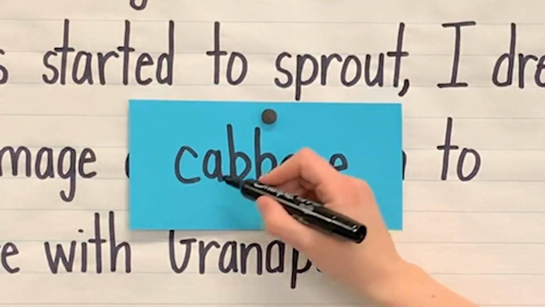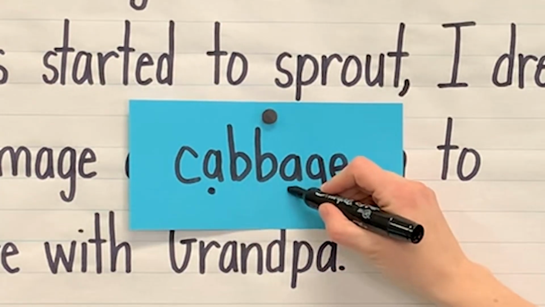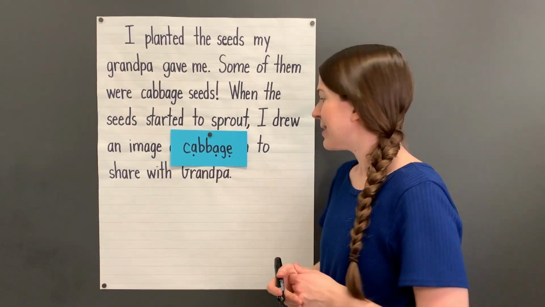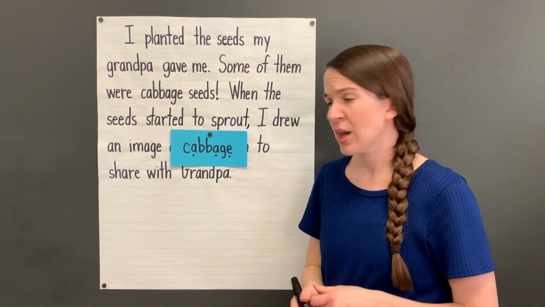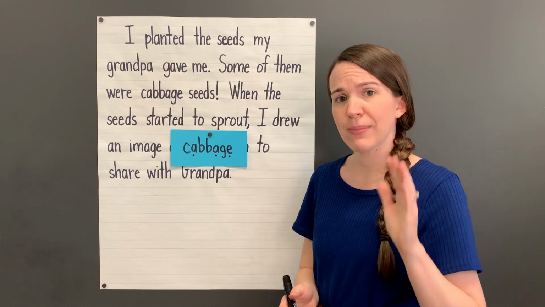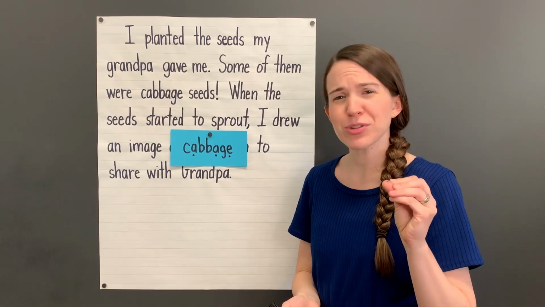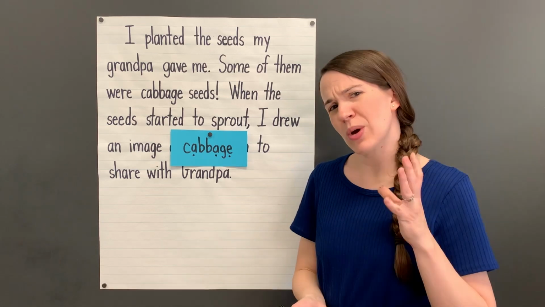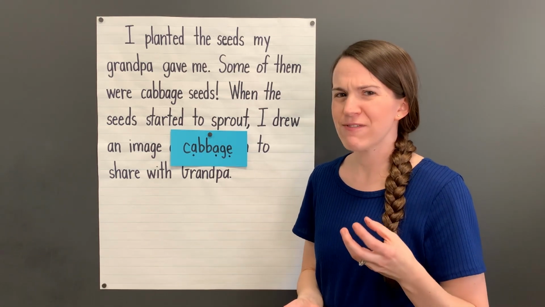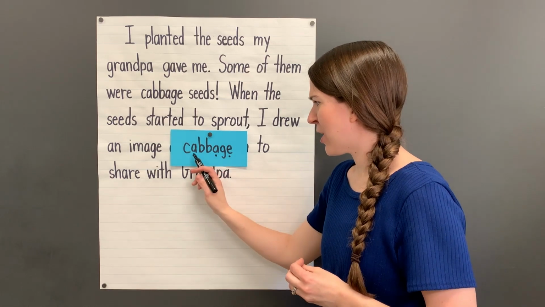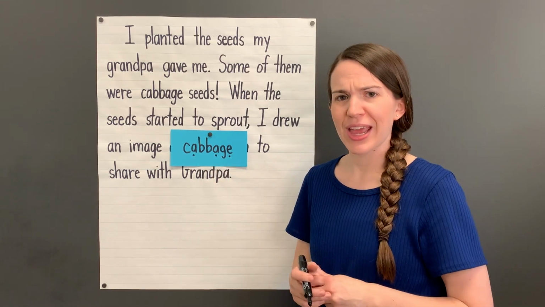So let's start by putting a dot under each vowel so we can make sure there's only one vowel sound in each syllable. Now let's look for vowel teams, two letters that work together to make one vowel sound. I don't see two vowels that are side by side, so I'm thinking there's not a vowel team in this word. That makes me think that there will be 3 syllables in this word.